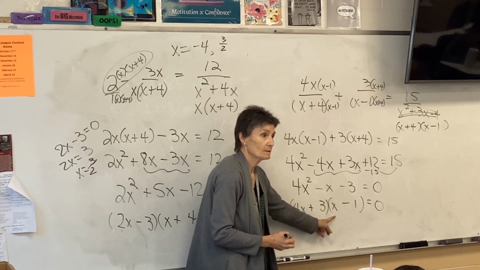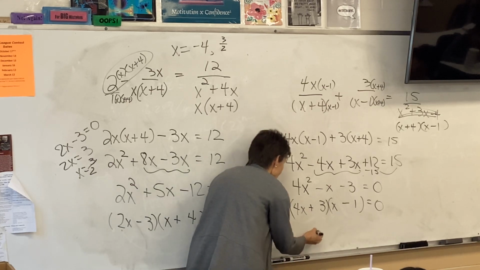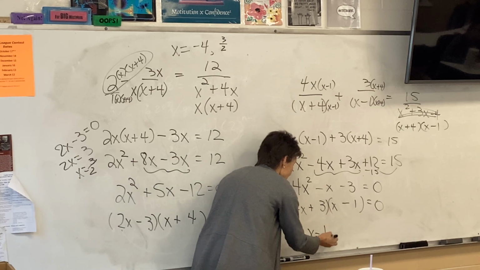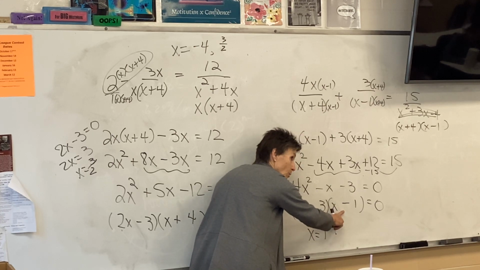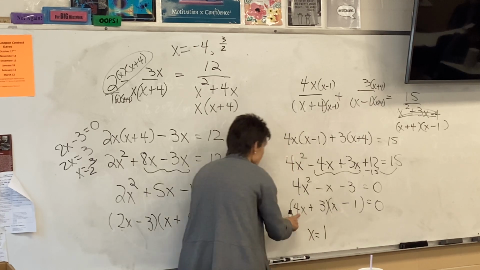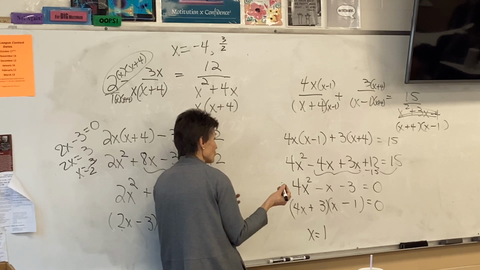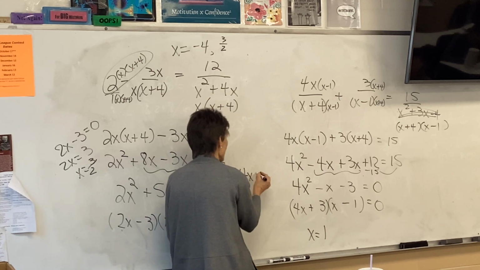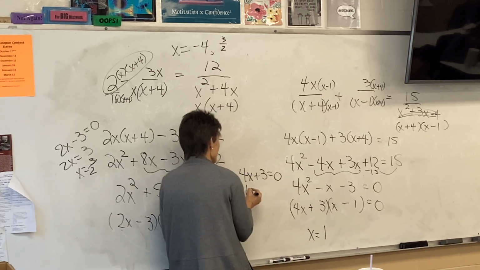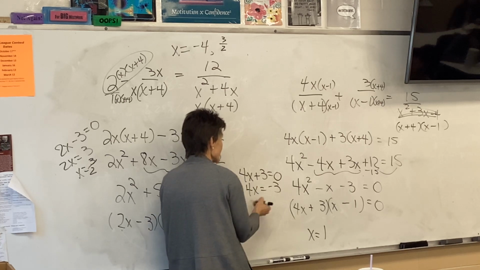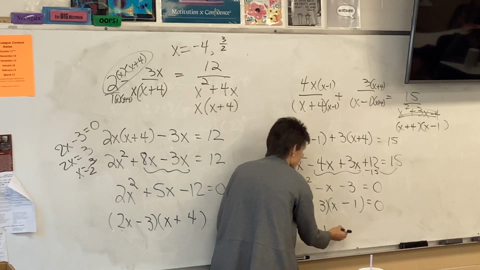Right? So what are my answers? Now, this one's easy. This one's gotta be 1. This one, you can do it in your head, but just be careful. When you're solving for x, isn't it gonna be negative 3/4?